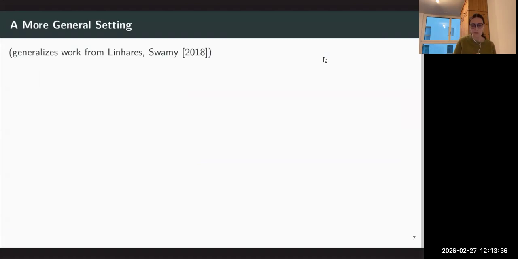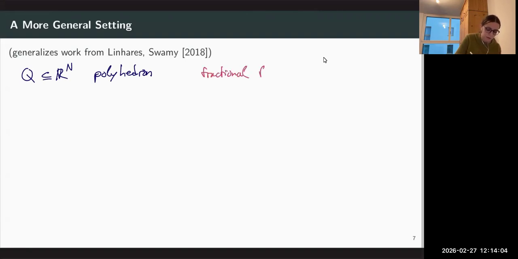In our general setting, we will not talk about flows or anything specific to flows anymore, but all that we prove here works in a much more general setting. So the setting is as follows. We are given some Q, which is in general just any polyhedron. In our setting, this is just the Q that we've seen before, the set of all fractional flows.